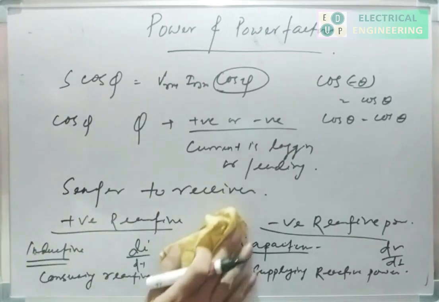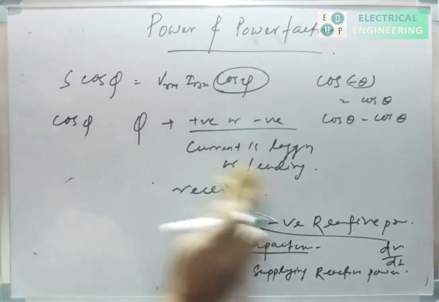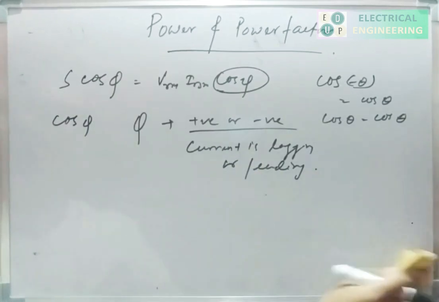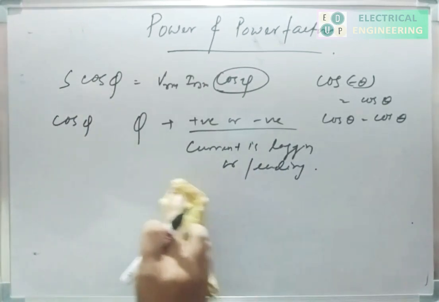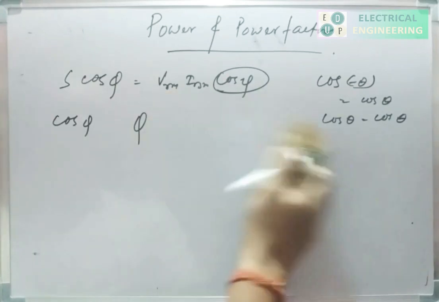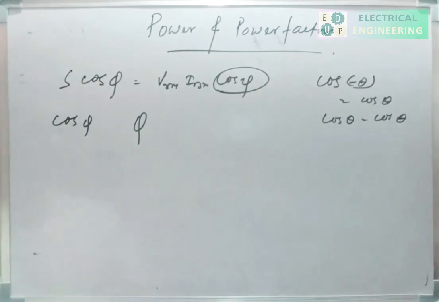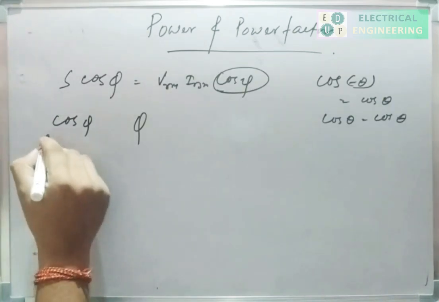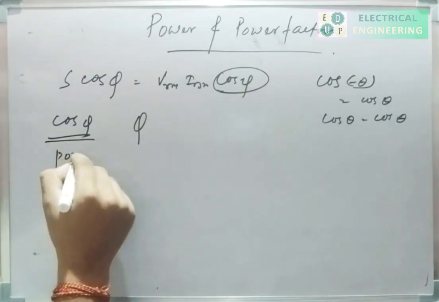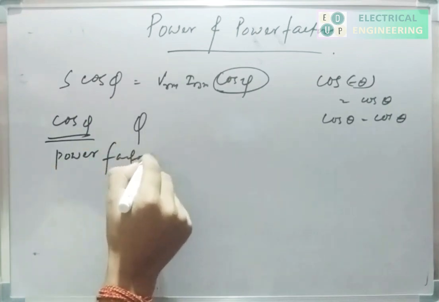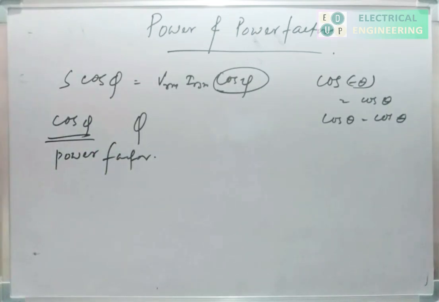Now look at this cos phi again. Here cos phi decides the active power, right? Power factor is nothing but this cos phi. This cos phi is the real power factor. So power factor determines the real power component of an apparent power.